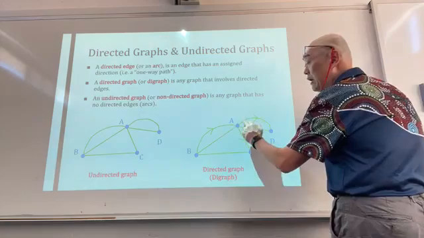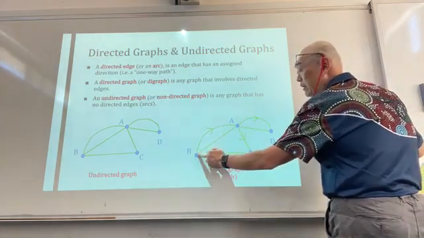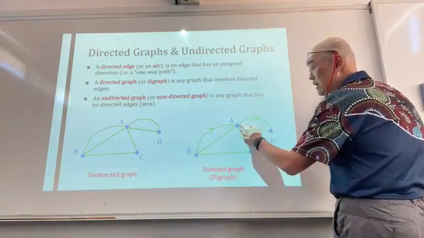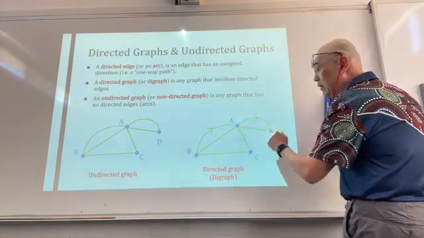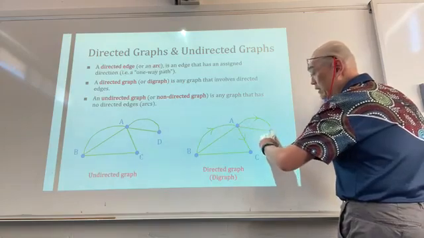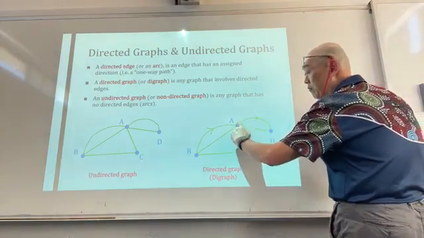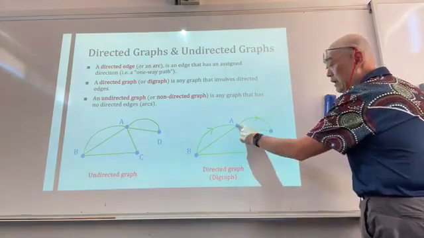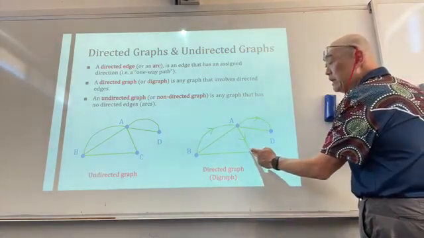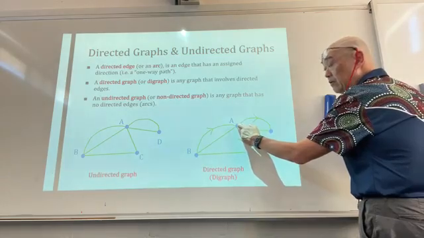This one, I can go from B to A and A back to A. In this case, A can go to D, that's the direction. A can go to D, D can go back to A. But D cannot go back to A from this edge. Here, A can go to C, but C cannot go back to A at all. Alright?